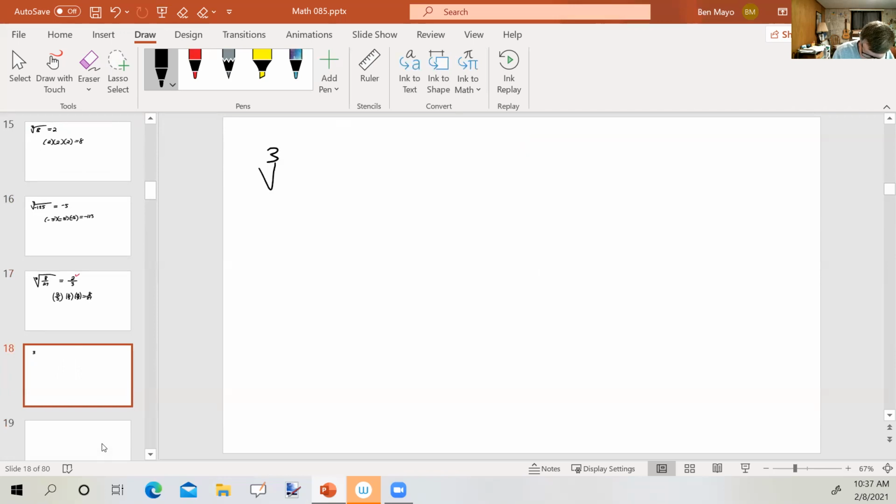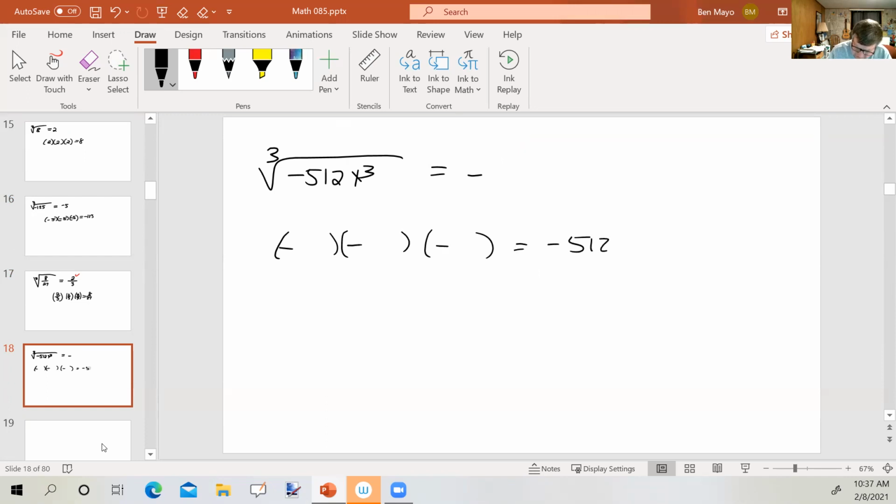Okay. How about this one? The cube root of negative 512x cubed. Well, I know it's going to be negative. What times itself times itself is going to be negative 512? Well, let's see. 5 times 5 times 5 is 125, so it's got to be bigger than 5. How about 6? 6 times 6 times 6 is 216.